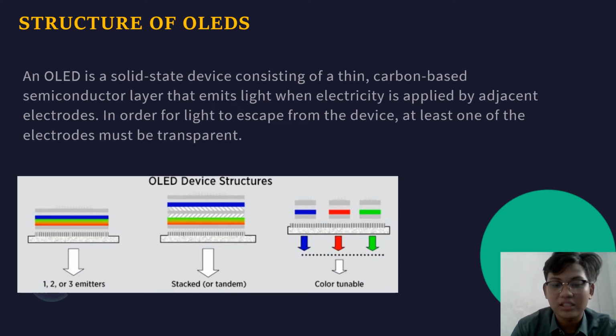The next one is the stack or tandem, also known as stack OLED, a more complex structure that can magnify the brightness without increasing current density. The last one is the color tunable or stripe OLED. It requires patterning but allows for color tunability, generally red, green, blue, or the blue-yellow stripe.